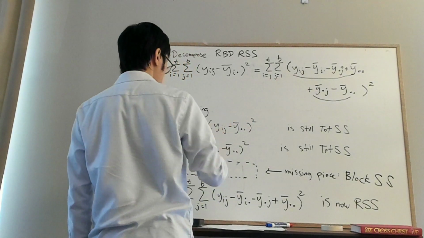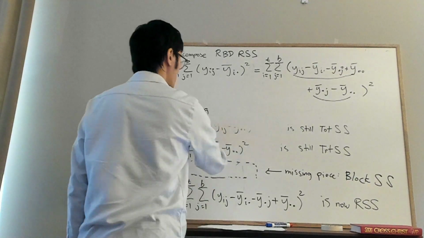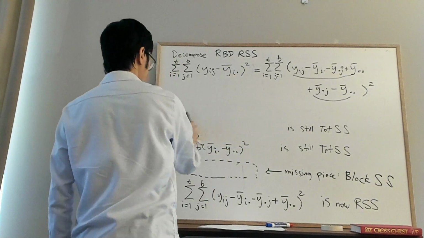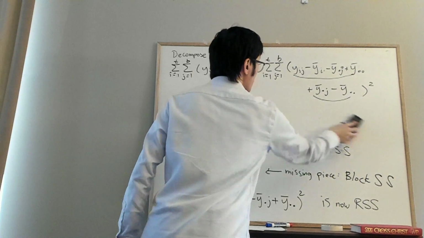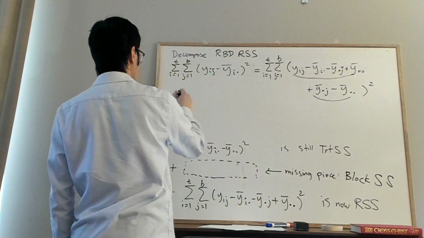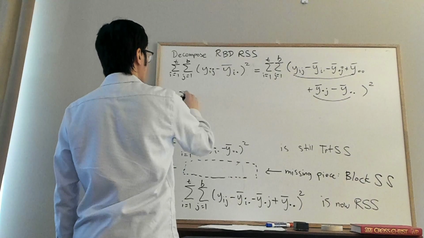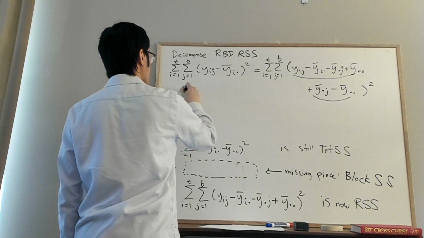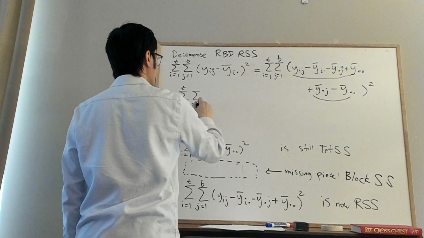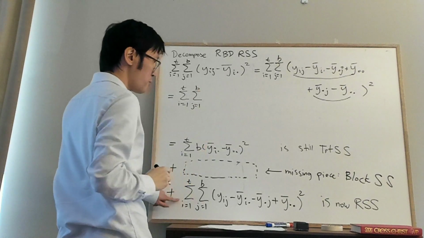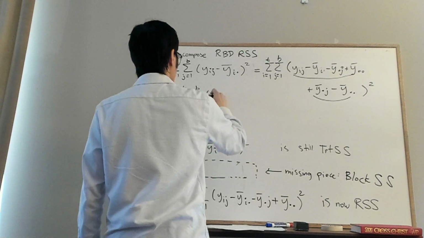So the first piece is, okay, I need to go a bit more room. Okay, so the first piece is what is now the residual sum of squares, which is what we have down here.